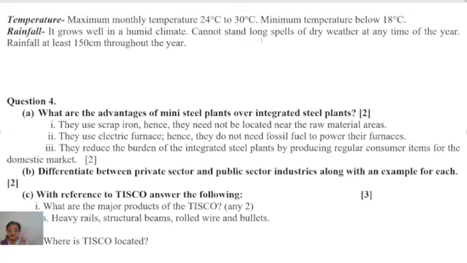Number two, they use electric furnaces. Many steel plants are using electric furnaces. They do not need fossil fuel to power their furnaces. So this is again quite cheaper than the integrated steel plants. That's why the investment level in the mini steel plants is much less.